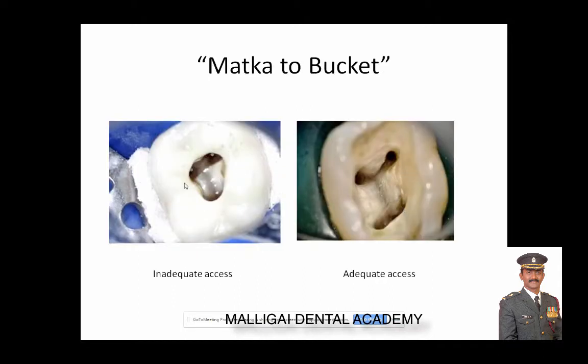So this image 1 on your screen shows an inadequate axis. Though I see the orifices, the axis is inadequate because the opening is narrow and the base is broad. Flaring up this axis cavity with the help of a safe-ended tapered fissure allows the rotary instrument to enter into the orifices without restrictions from the walls of the axis cavity itself.